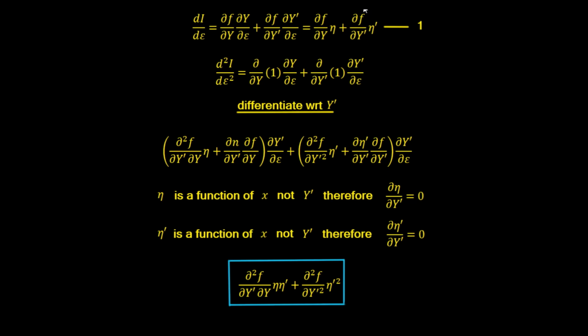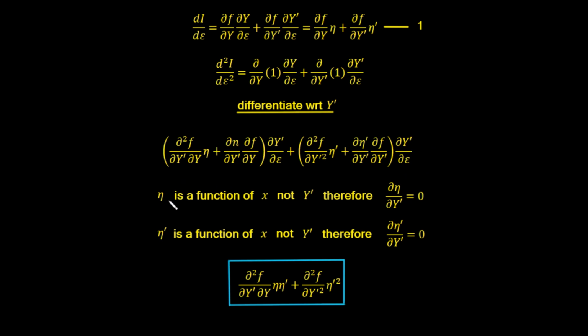So this is just again the product rule for our differentiation. So we're going to have our partial eta derivative by partial y derivative times our partial f by partial y derivative. And that's all times our partial y derivative by partial epsilon. So that's us done with this term here.